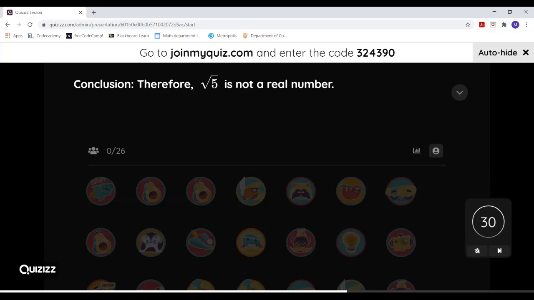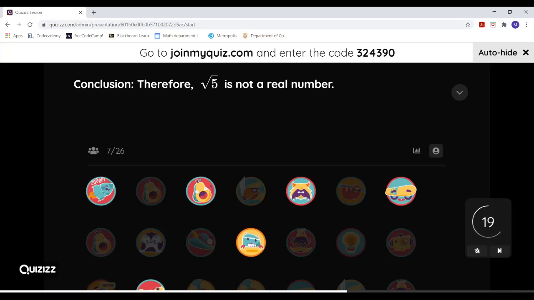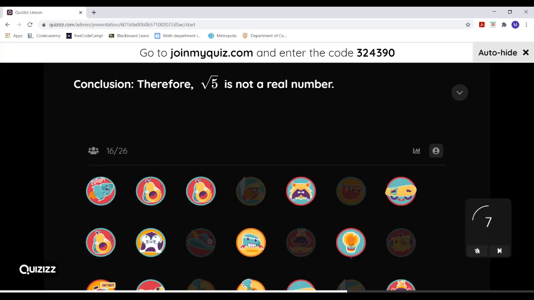And if we're drawing it on the border, then our conclusion says, therefore, root 5 is not a real number. So the real number was, I'll give you a hint, the Q statement. And if we say root 5 is not a real number, is that confirming or denying the Q?